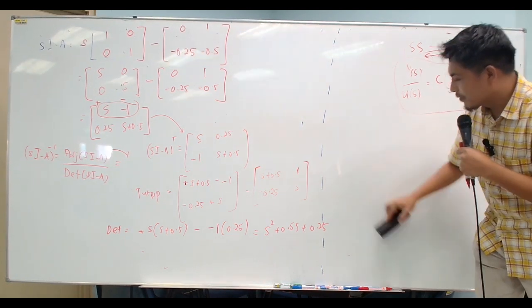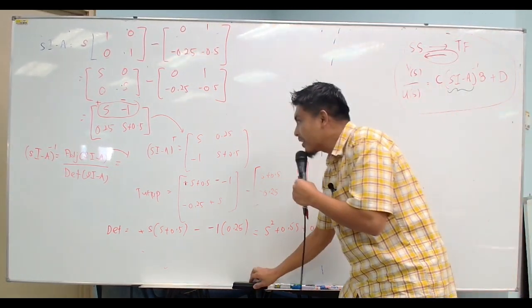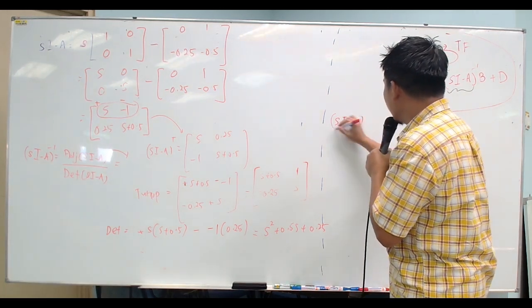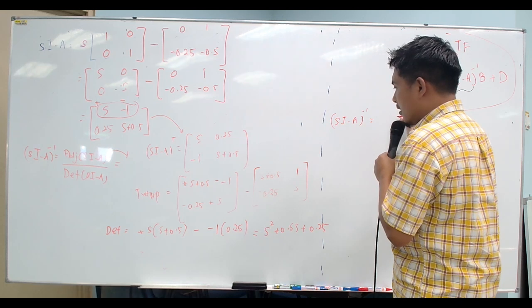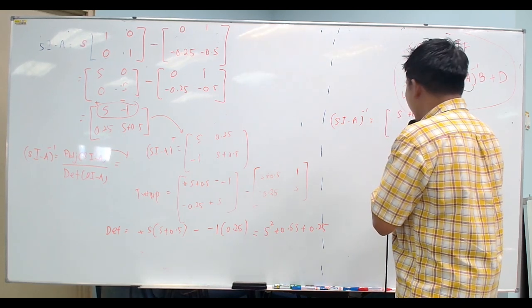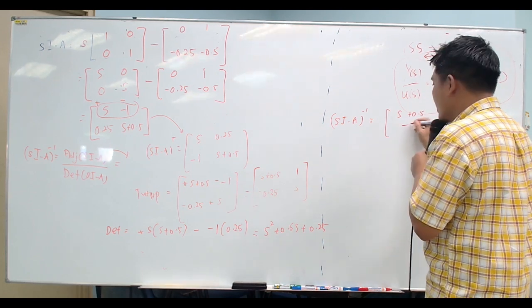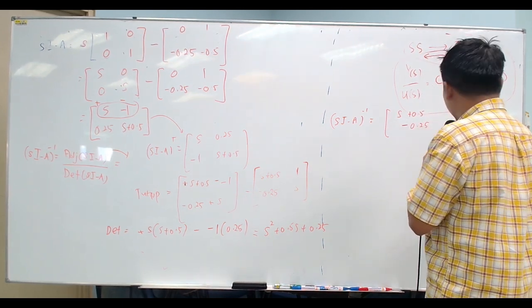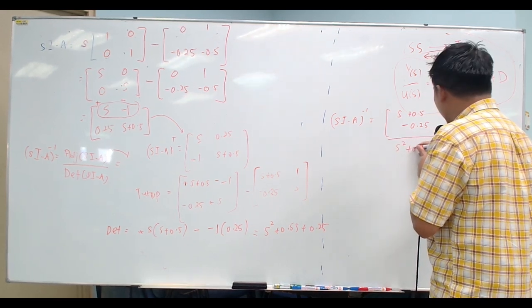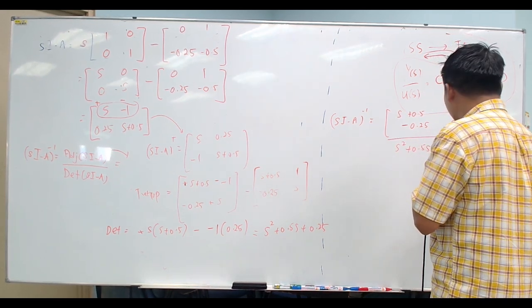Okay, so now we know that our (sI minus A) inverse is [S plus 0.5, 1; negative 0.25, S] divided by S squared plus 0.5S plus 0.25.